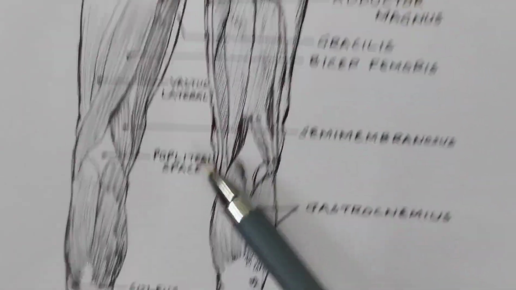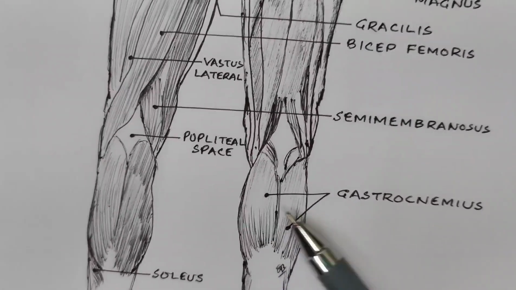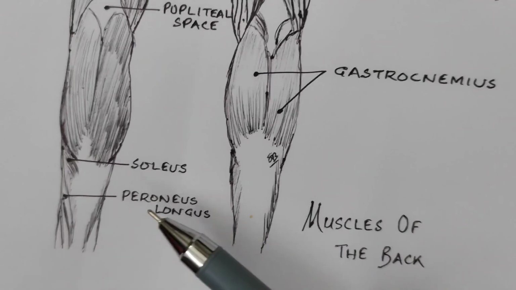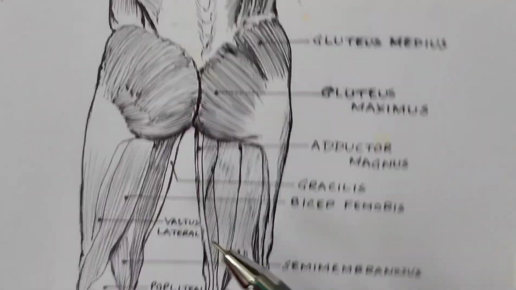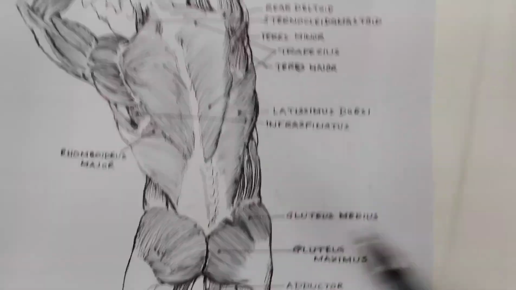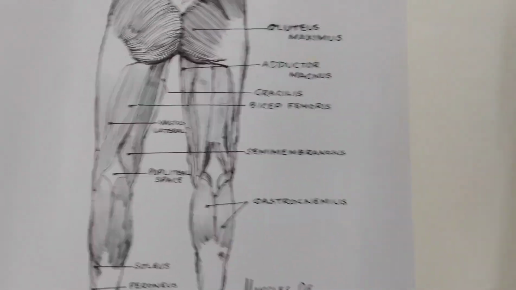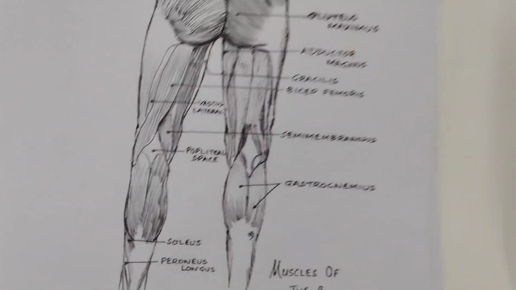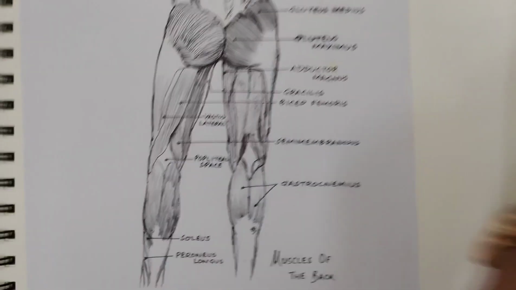These are popliteal space. This one's gastrocnemius muscle. This is soleus. This is peroneus longus. So the gist of many muscles here you can see. How do you find it? Easy, isn't it? Very difficult to remember.